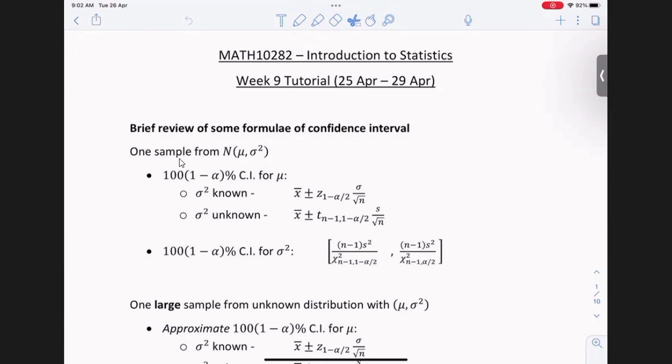But after we replace it by the sample standard deviation, the quantile here, originally the normal quantile, is obtained from the standard normal distribution.